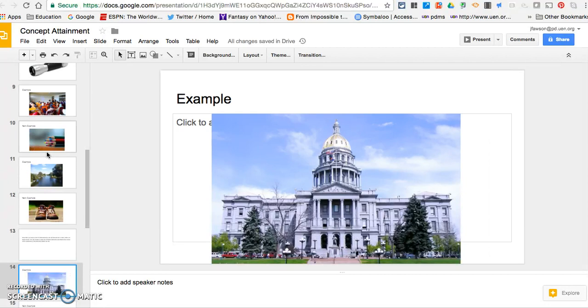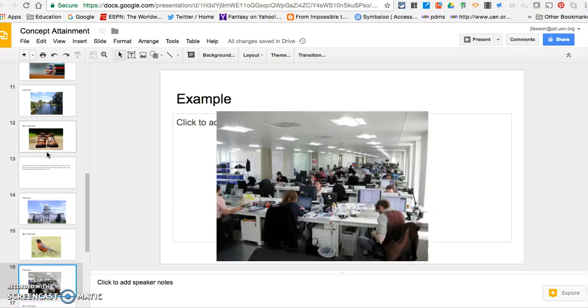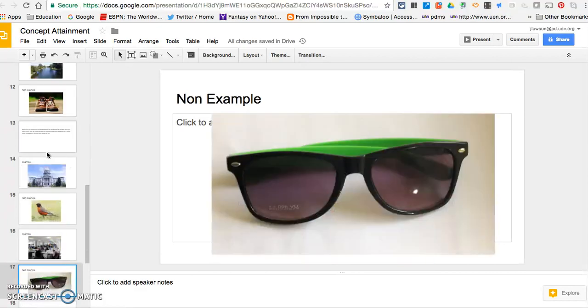So then I would show a picture of a Capitol building representing government, and hopefully this is going to go right along with what our students have come up with. And if not, then they're going to have to do some revising. And a picture of a bird, and then jobs, work, and then finally just a picture of sunglasses.